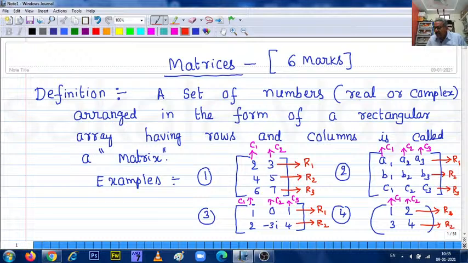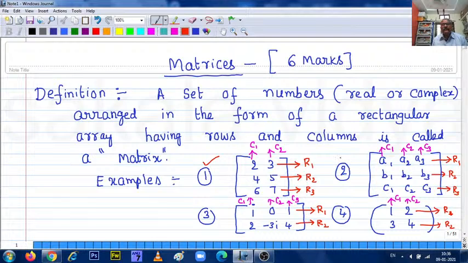Now I ask you one question. How do you count rows and how do you count columns? See, rows are counted like this: first row, second row, third row, top to bottom. Columns are counted left to right, 1, 2. That means the first matrix contains 3 rows and 2 columns.